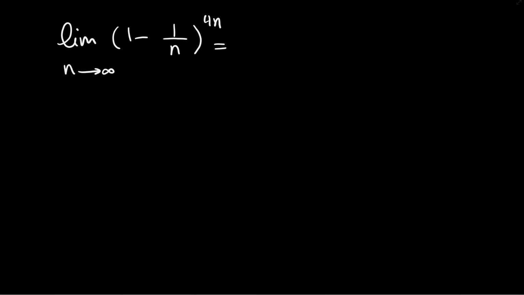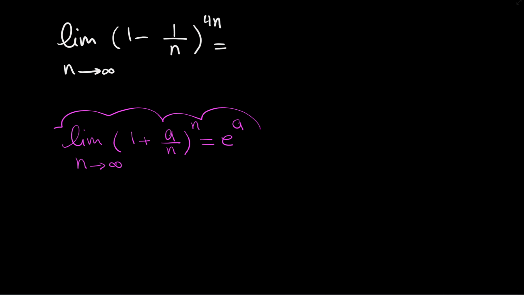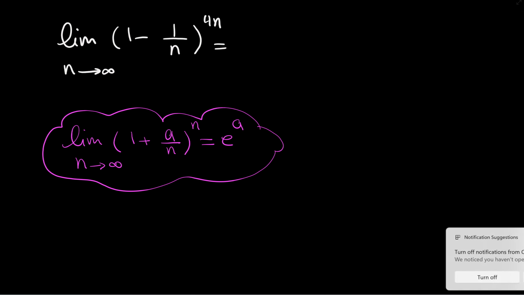There is a rule: limit of 1 plus a divided by n to power n, when n approaches infinity, is equal to e to power a. I want to use this rule to answer this problem. Here a is a real number. A real number can be positive and negative, right?